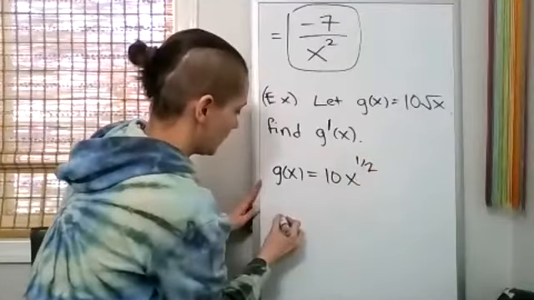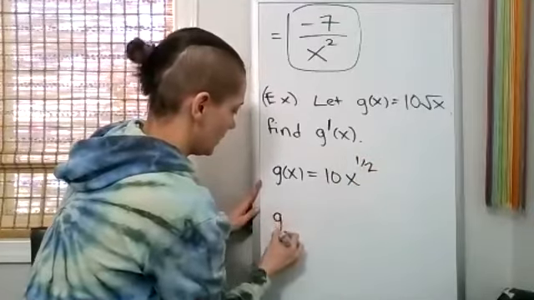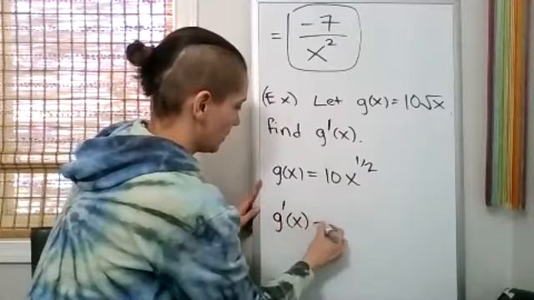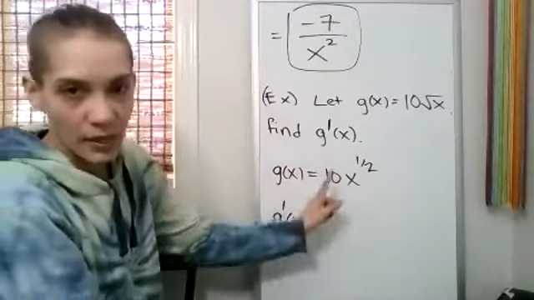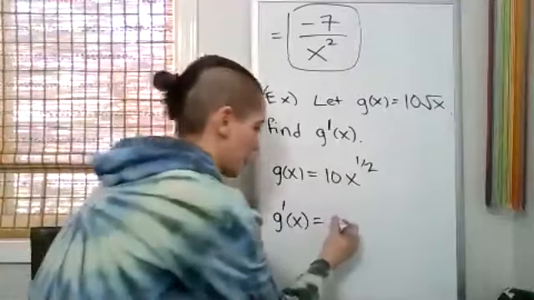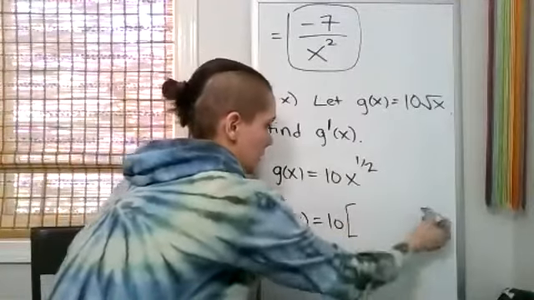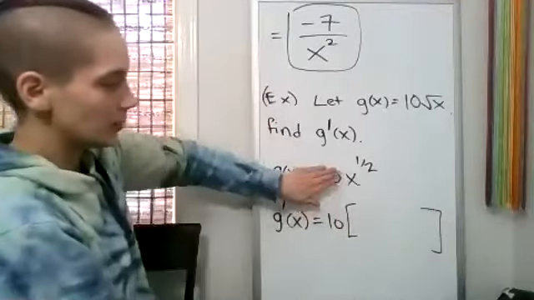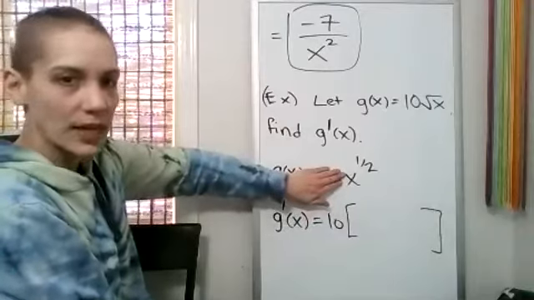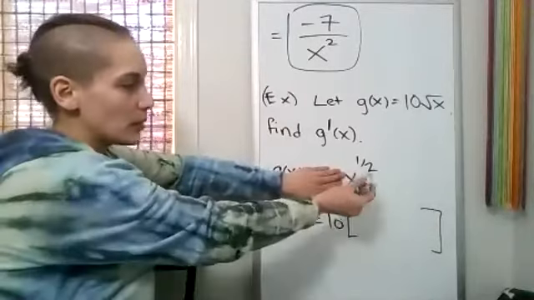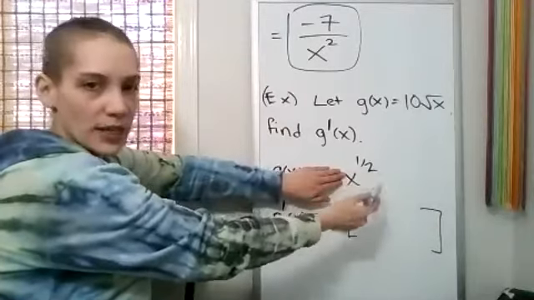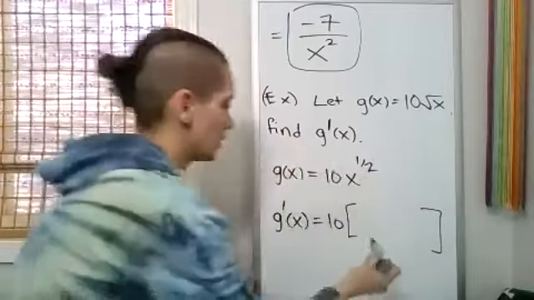And then when we take the derivative, we'll have 10 multiplied with, so kind of brought that out, and now take the power rule, bring down 1/2, x to a -1/2.